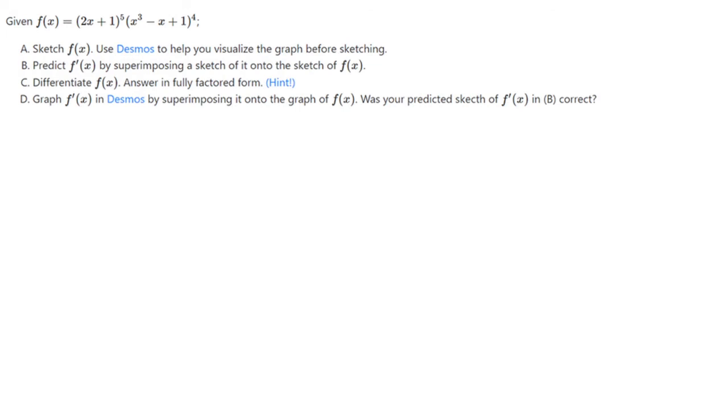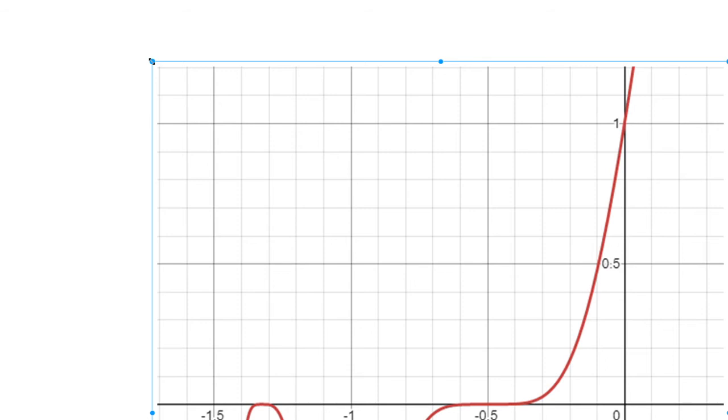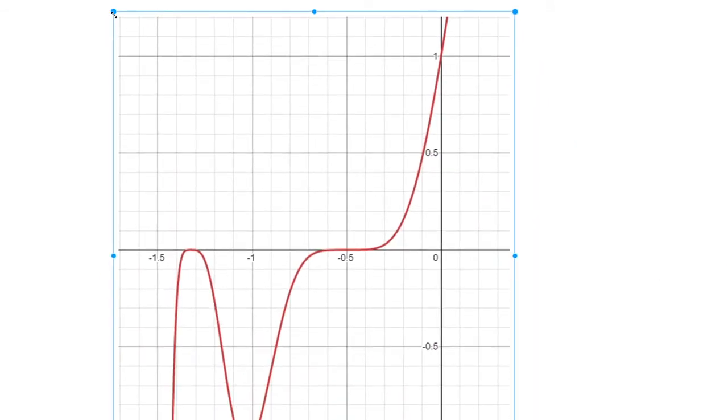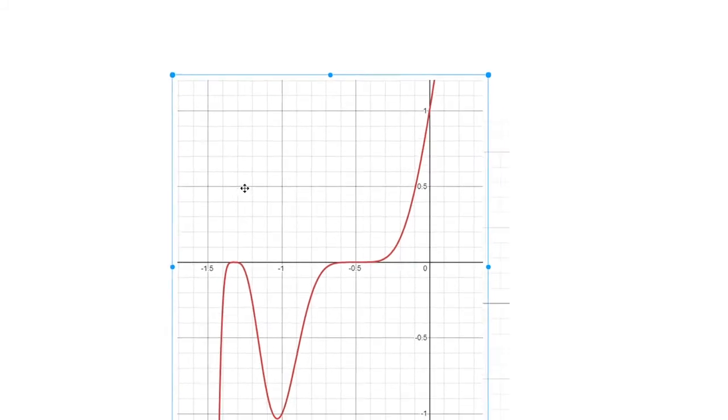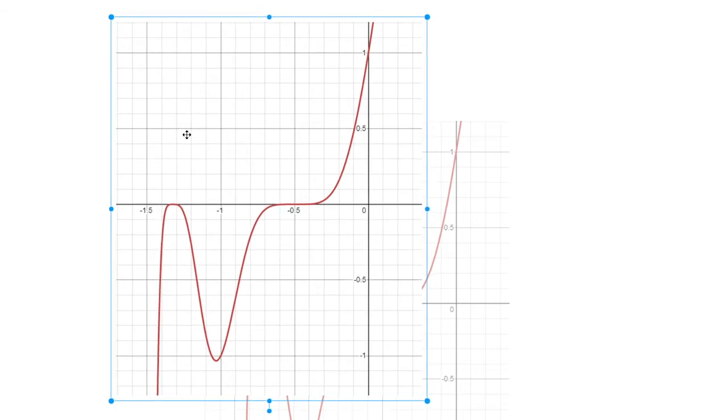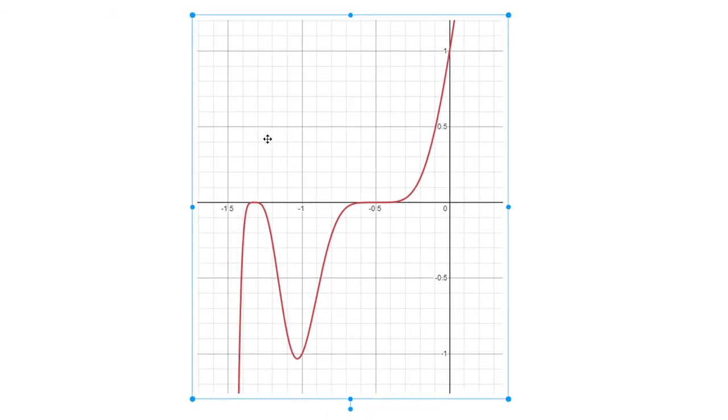Just to make sure we have enough space, I'm going to remove that. Paste in the graph. Resize it. We are going to annotate it, so you want to keep it fairly large. Something like that. So there's a graph of the function.